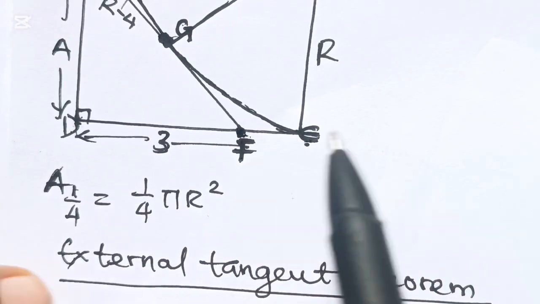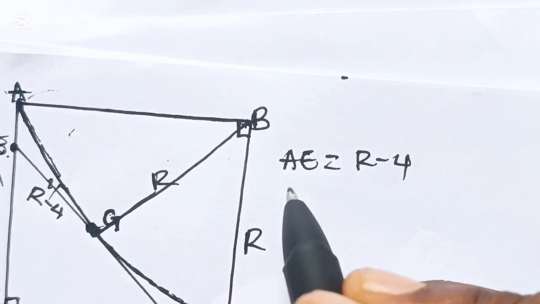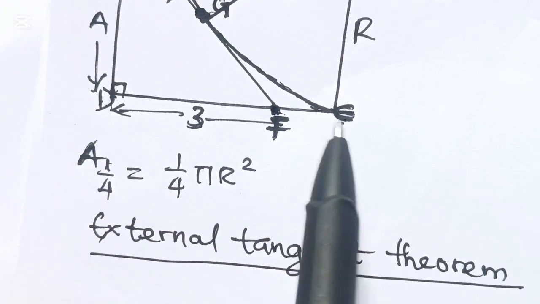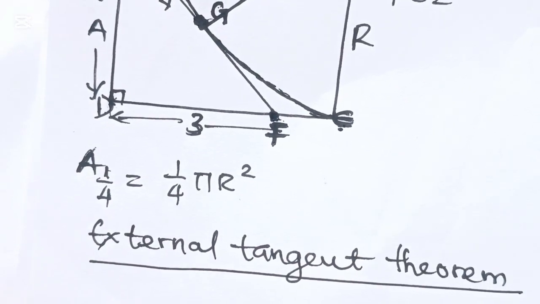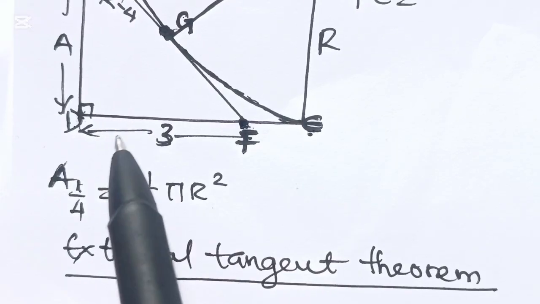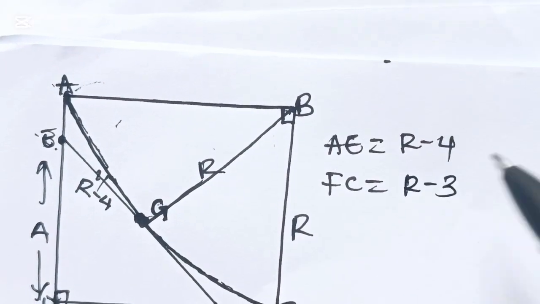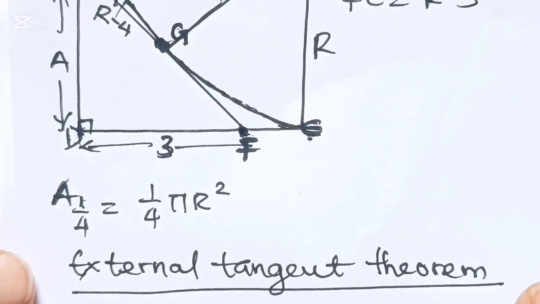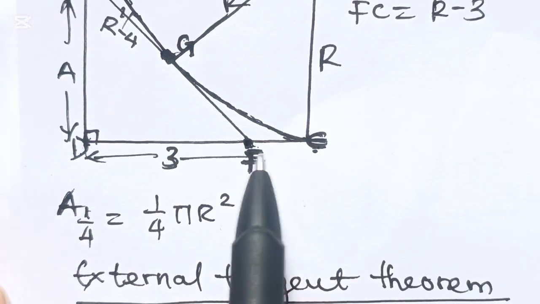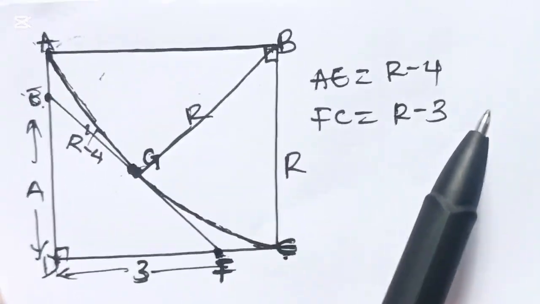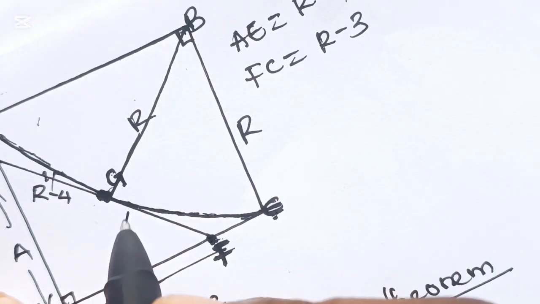Now to get FC, remember that this is also the radius of this circle, so it's going to be r minus 3. And since FC is equal to FG, it means that FG is also r minus 3.